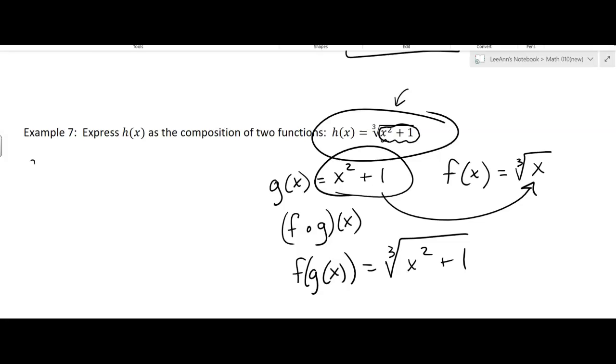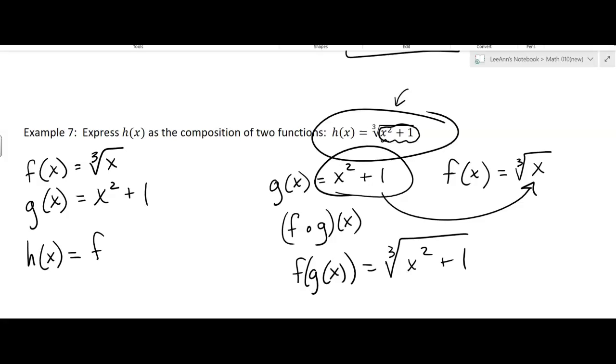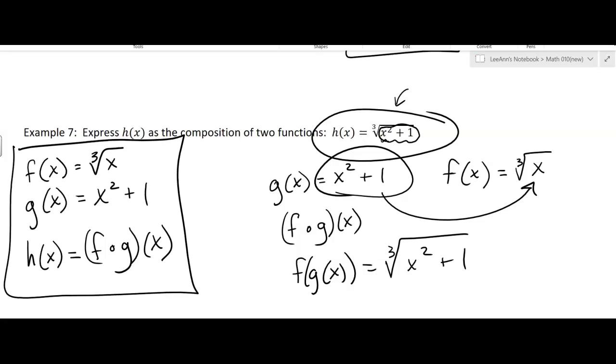You're saying let f of x be the cubed root of x, let g of x be x squared plus 1, and then let h of x be f compose g of x. So this is your setup right there. Okay?